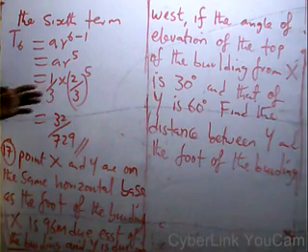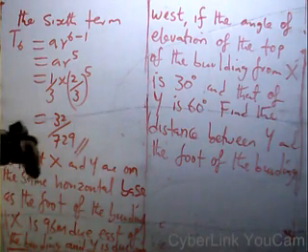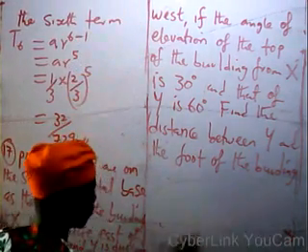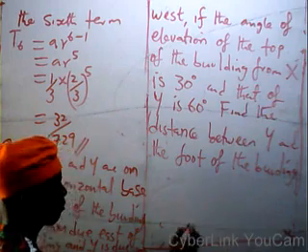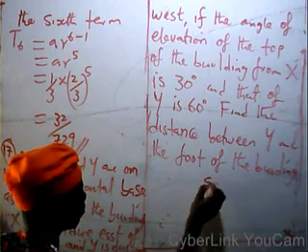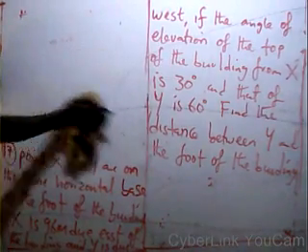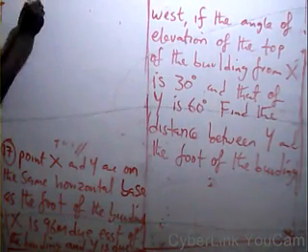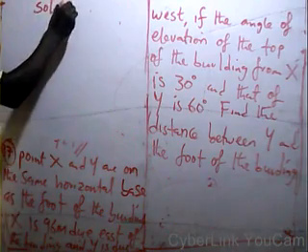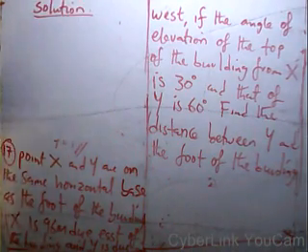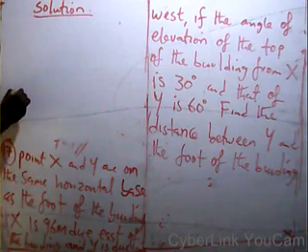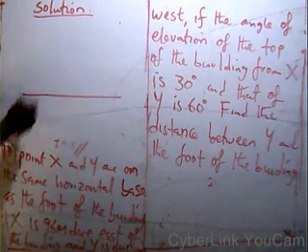So, in this case, if you draw your diagram very well, look at the diagram. Solution, or let me solve it here because of the space. This is the diagram.